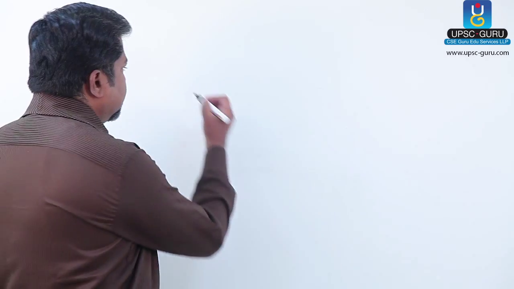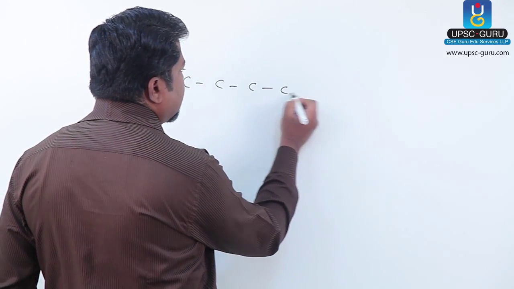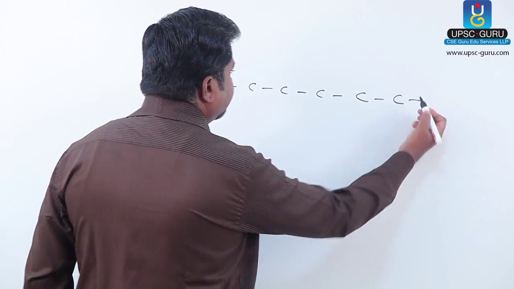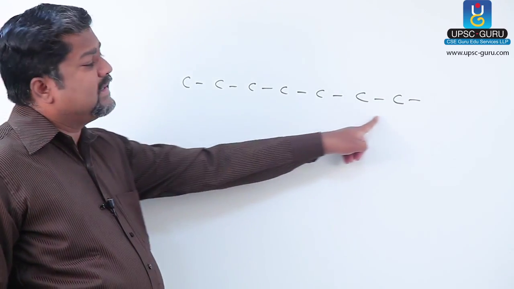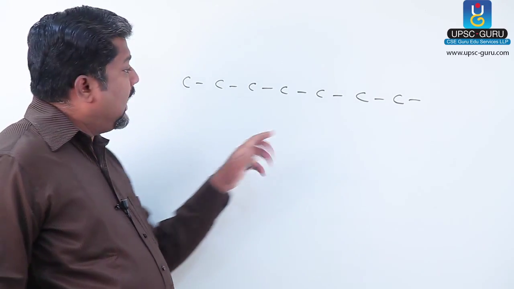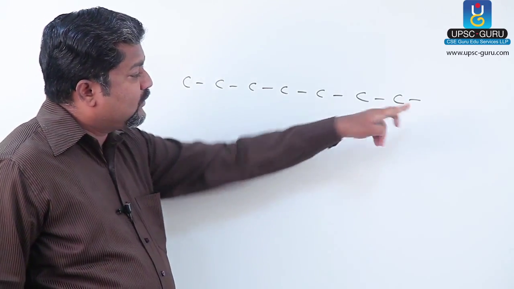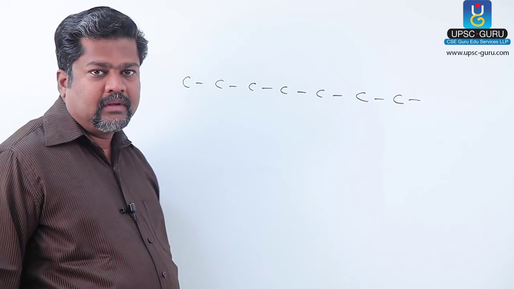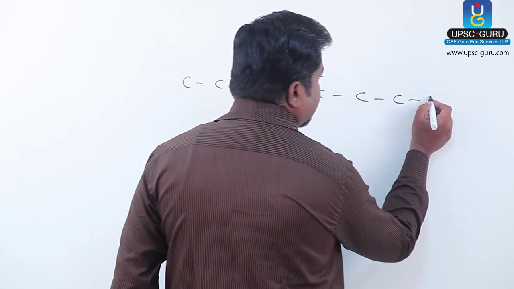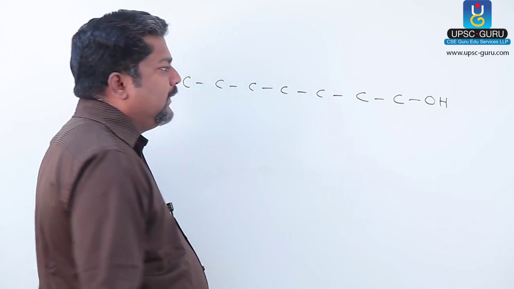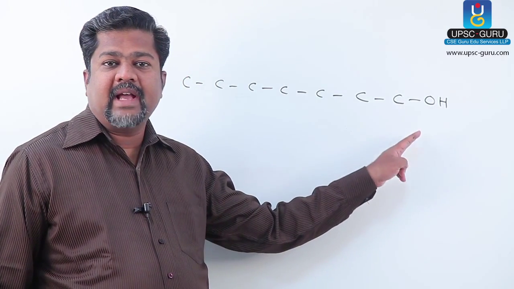Now in the same way, suppose I am showing a structure. You are now aware of this type of long chain. If another thing is not there, I should call this 3 plus 3, 6, 1, 7, heptane. But if I attach an OH group here, then suddenly the properties of this heptane change.